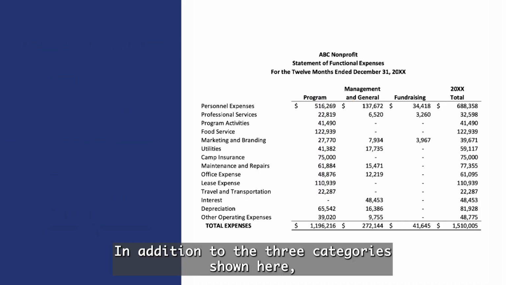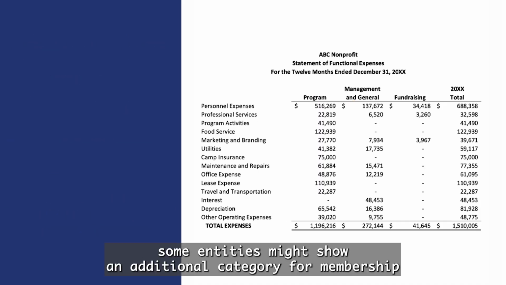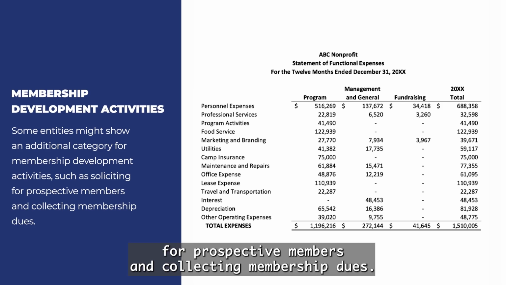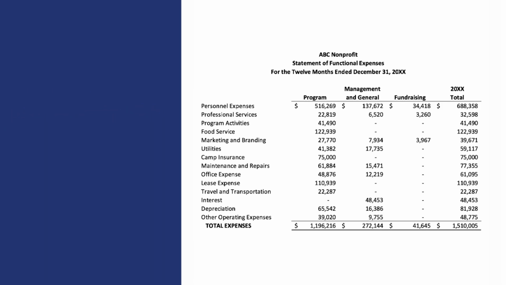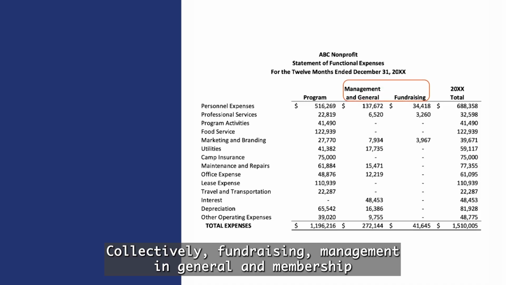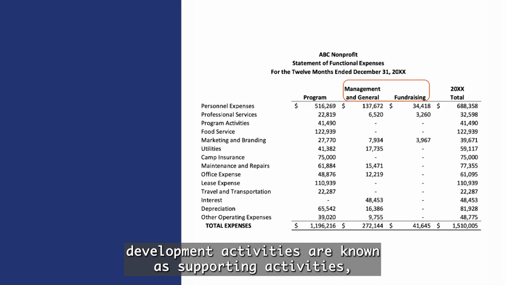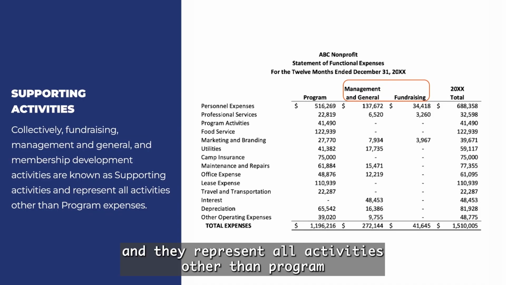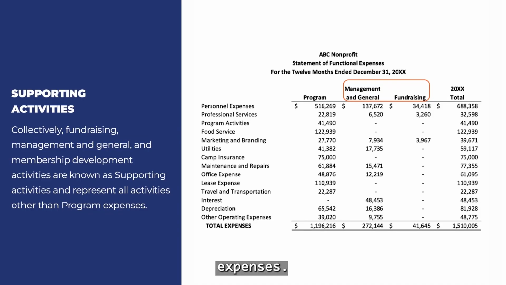In addition to the three categories shown here, some entities might show an additional category for membership development activities, such as soliciting for prospective members and collecting membership dues. Collectively, fundraising, management and general, and membership development activities are known as supporting activities, and they represent all activities other than program expenses.